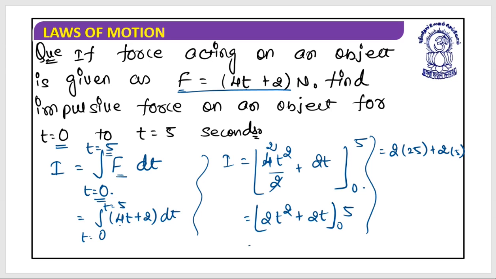No need to put in 0, it would always be 0. It's 2 into 25, this is 50, plus 2 into 5, that is 10, this is 60 kg meter per second. It's I, the impulse. That is what we require. Is it clear?